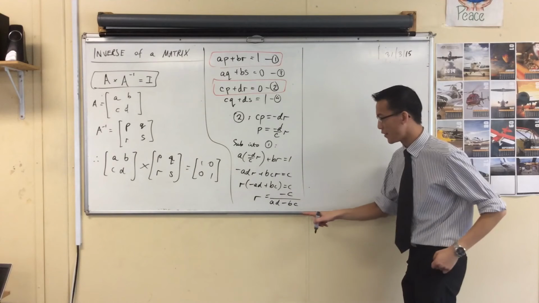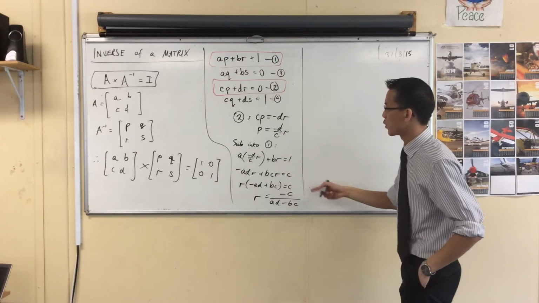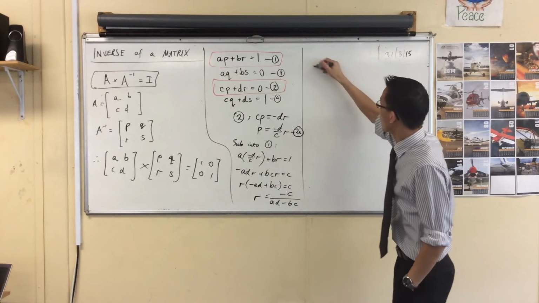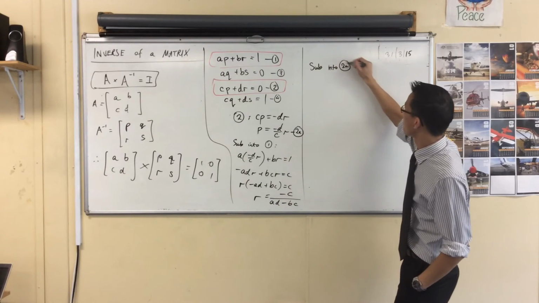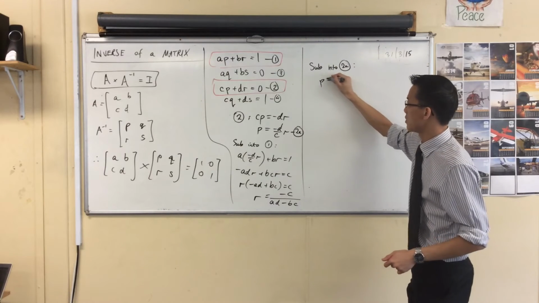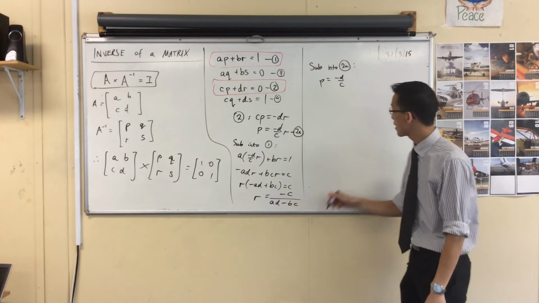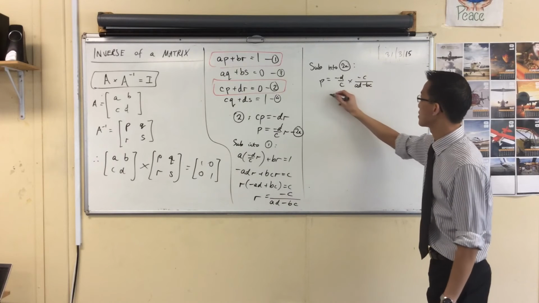The first term I can find is P because it's matched up to R, right? So if I substitute into here, let's call this equation 2A, P is going to be equal to minus D over C times this, right? So that's minus C on AD minus BC.